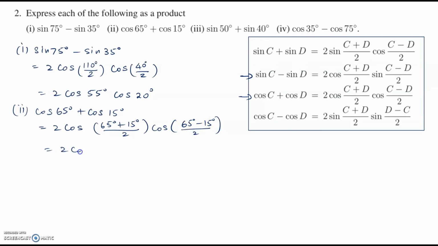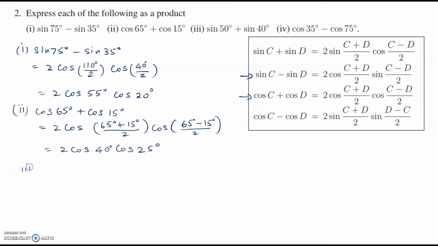So that's equal to 2 times cos of 65 plus 15, which is 80, divided by 2, which is 40 degrees, and cos of 65 minus 15, which is 50, divided by 2, which is 25 degrees.